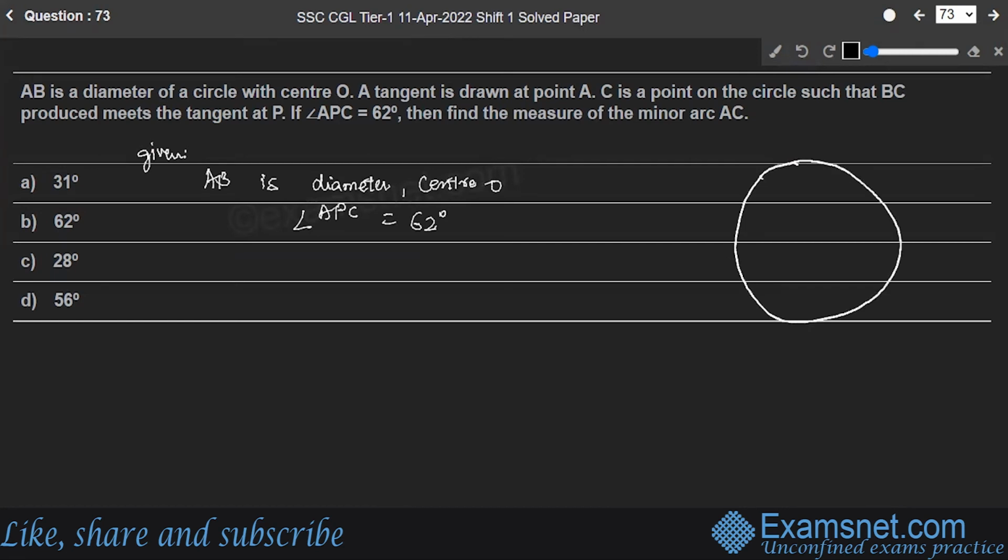This is a circle, right? Here's the diameter of the circle, this one, and this is O, B, A, right?